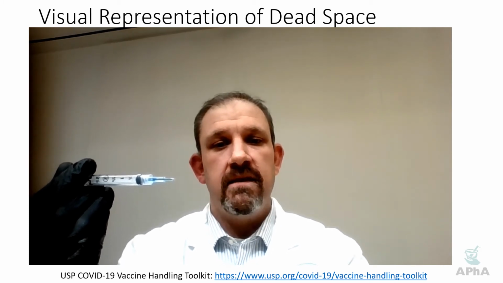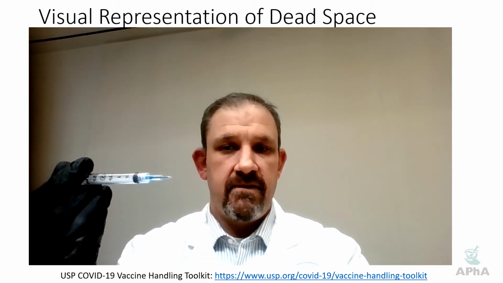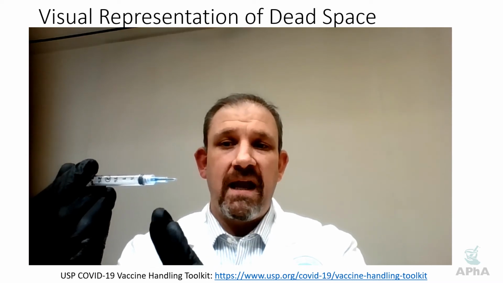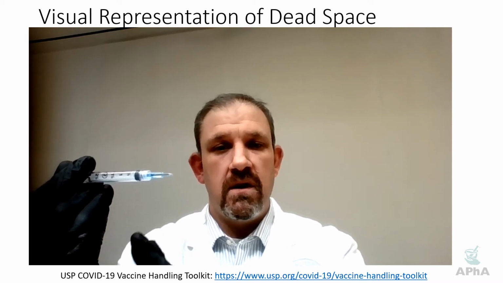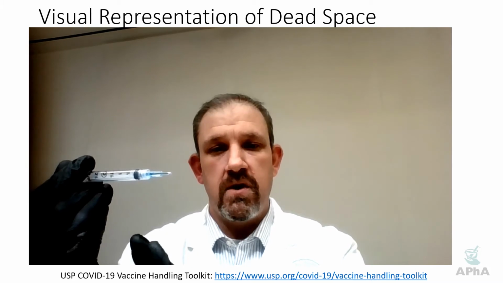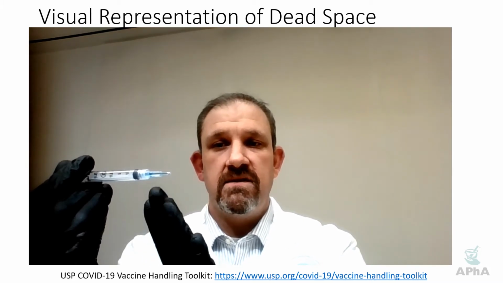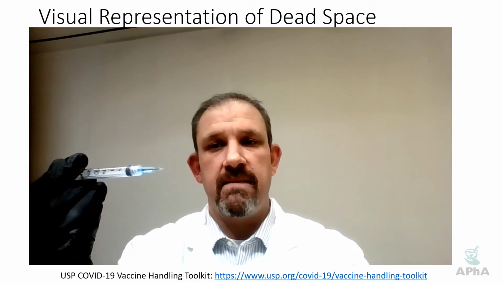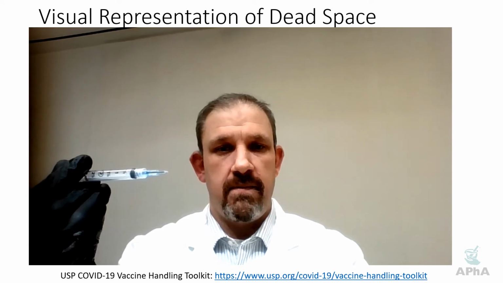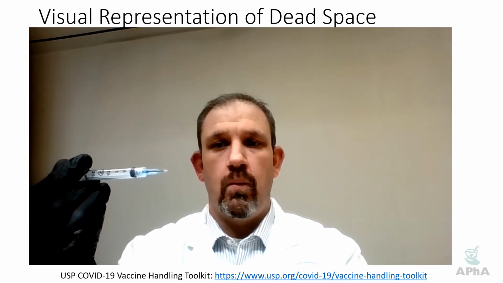And that's why the CDC, Pfizer, FDA, et cetera, are recommending to use low volume dead space syringes and needles. And so we're going to talk about that on the next slide just to help illustrate what that concept is and what those look like.